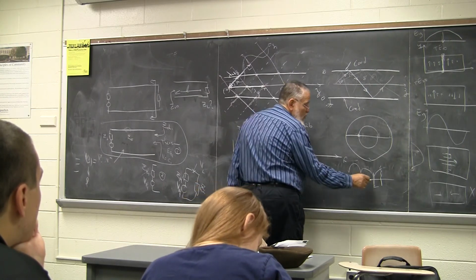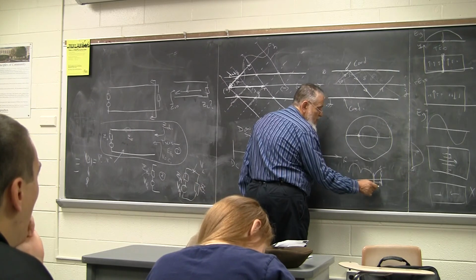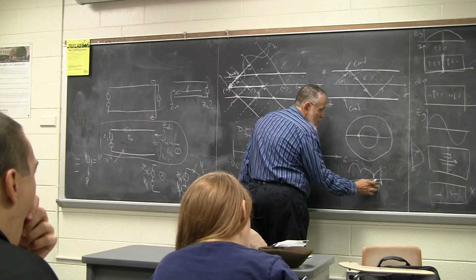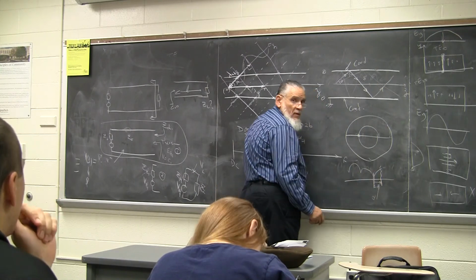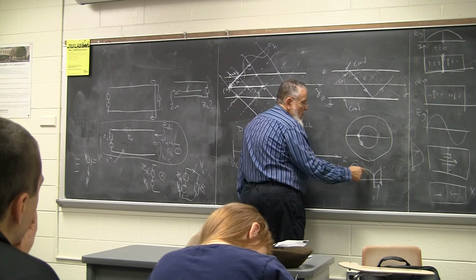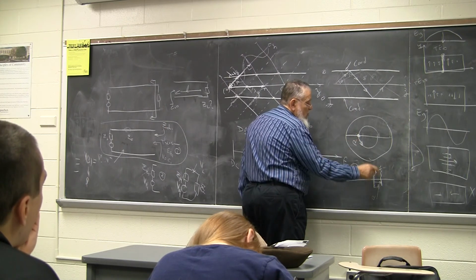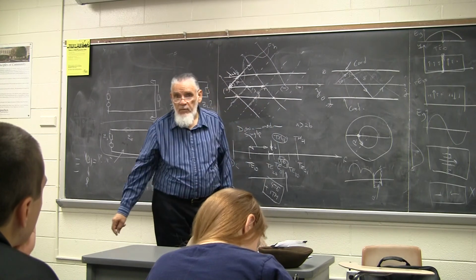All I need to do is move from the voltage minimum back towards the load, that distance. If you move that distance from the minimum towards the load, you should get your unknown impedance.